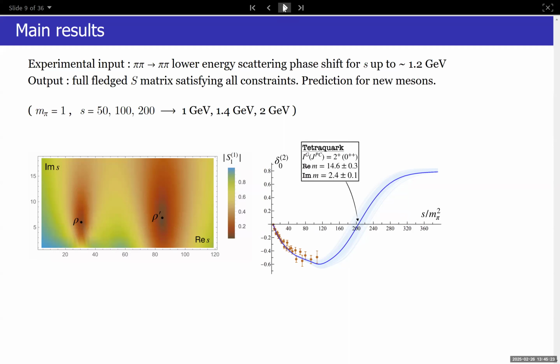It's an isospin 2 meson around 2 GeV. And since each quark has 1/2 isospin, this meson should have at least four quarks.